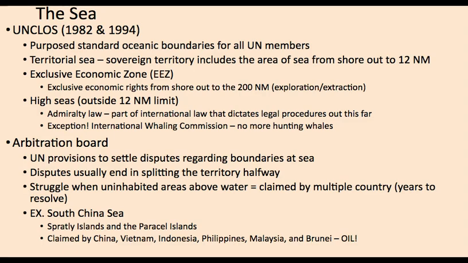A good example of a conflict that made it all the way to the arbitration board, I mentioned it yesterday, is the South China Sea. The Spratly Islands and the Paracel Islands, they're man-made. So the sea around them now has different claims laid onto it. The reason this is such a big deal is that there's oil under the seafloor there, and every country within the vicinity wants that. It's a big part of that.